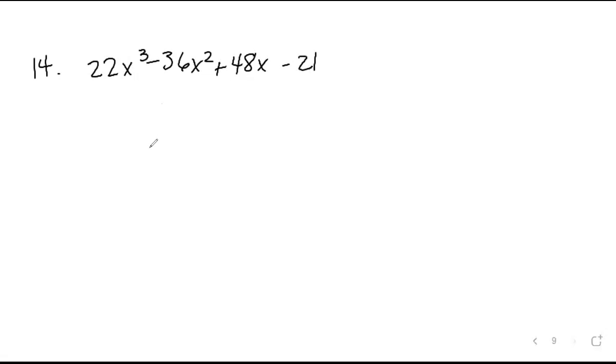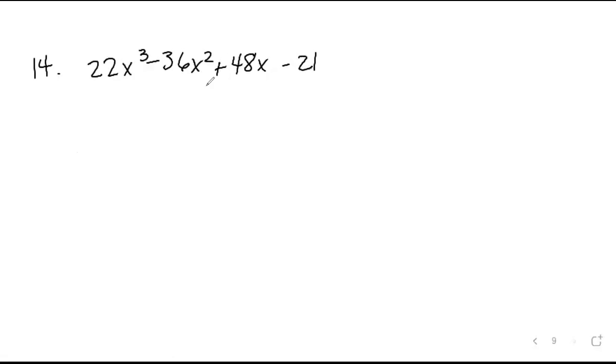Now I'd go to the poly root finder, type this in, see if I can get one root and then divide out. But there wasn't that option.